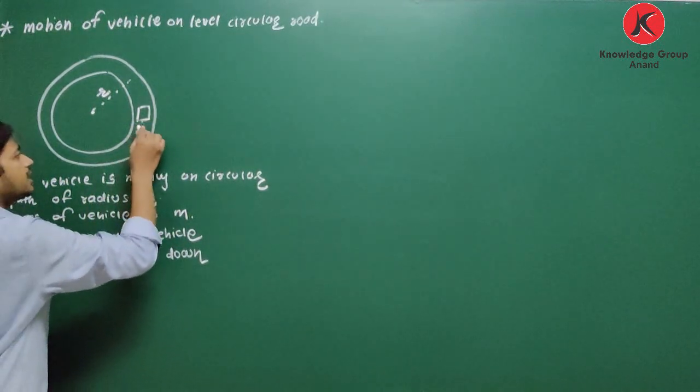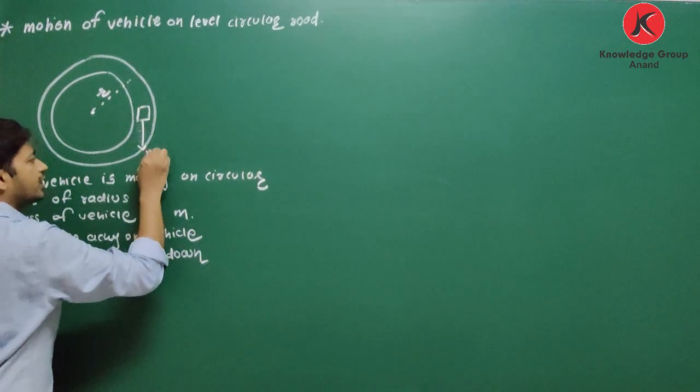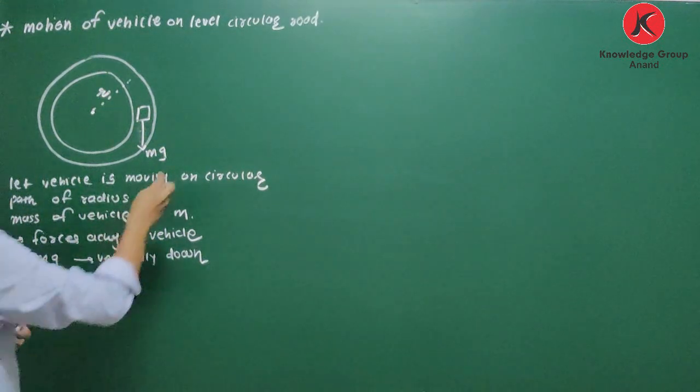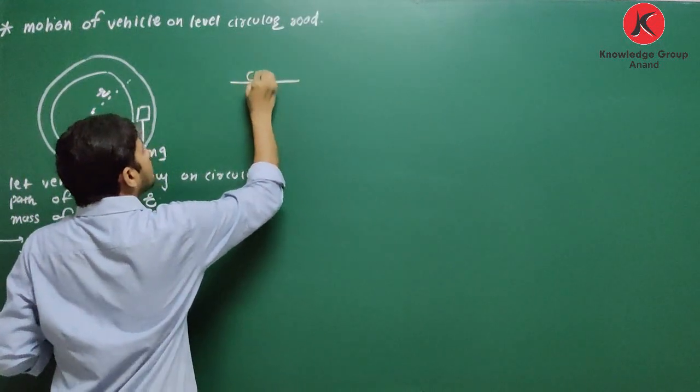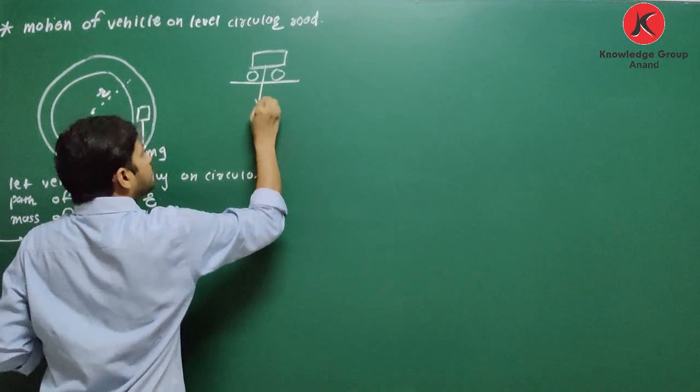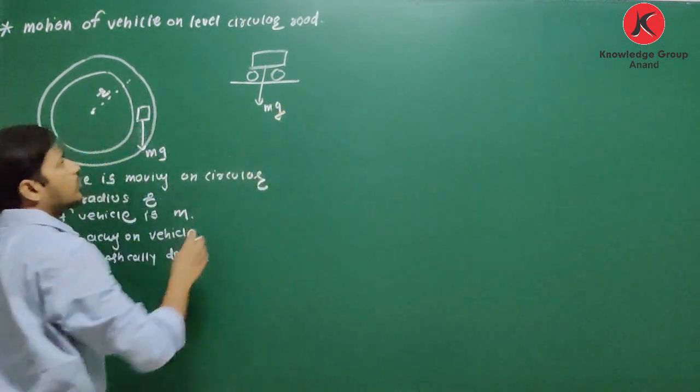Yes, I can indicate mg in this direction. If on the road the vehicle is like this, then mg is acting in downward direction.